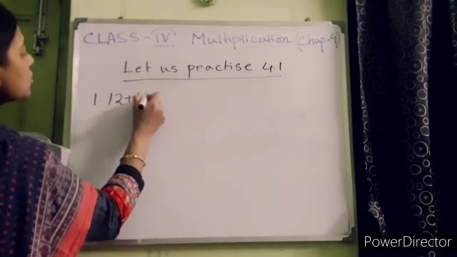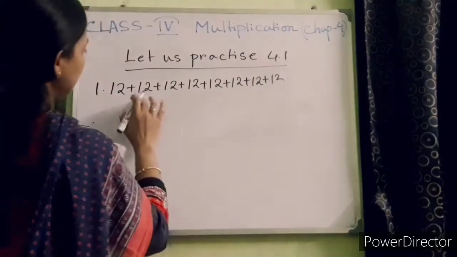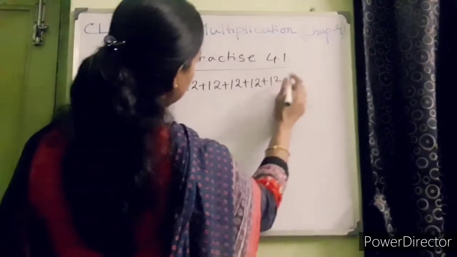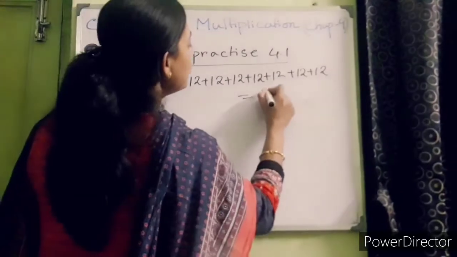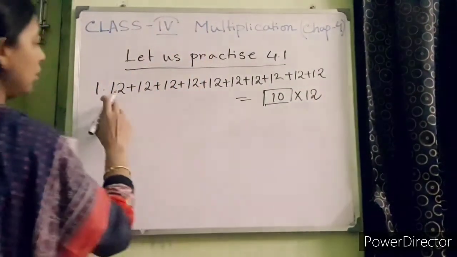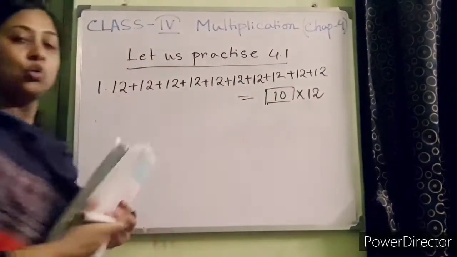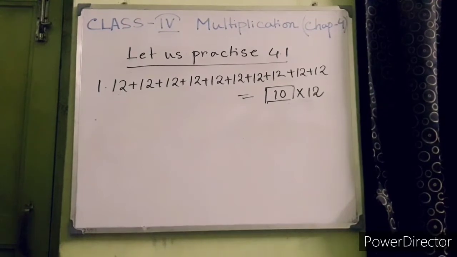So 12 plus 12 plus 12 plus, equal to 10 times, so 10 into 12.